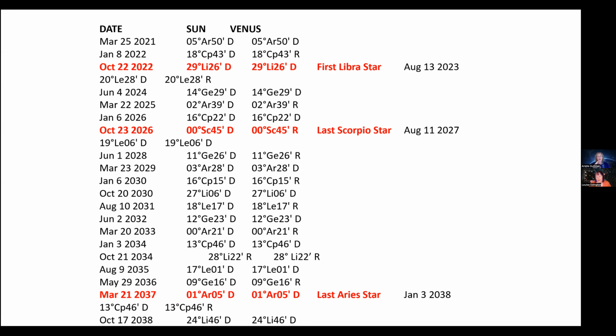It depends on what sign it's coming through, and the declination or latitude, all this astronomy stuff that we don't want to get into here. But it takes her a lot longer. The main point here is, why is she hidden from us so much longer before she comes out as evening star?